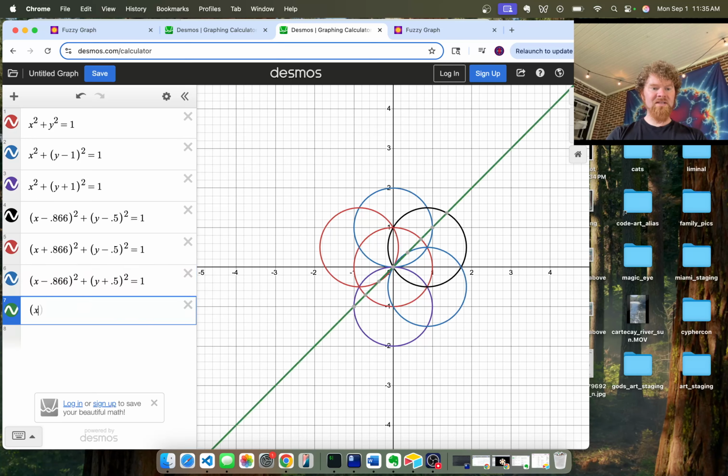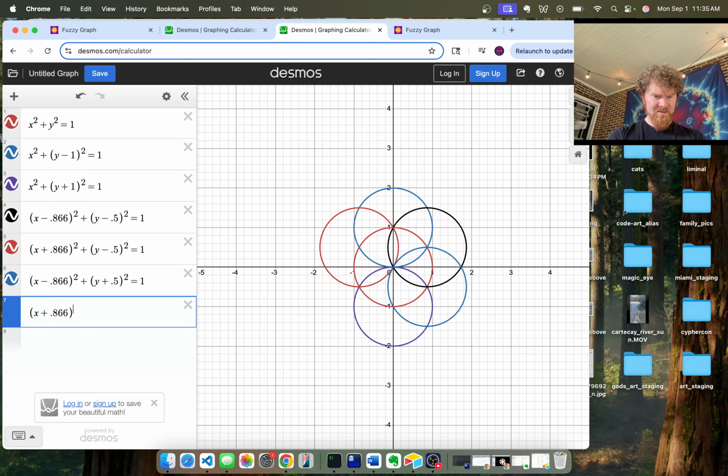And the last one is x plus 0.866 squared plus y plus 0.5 squared equals 1. Whoops, this should be a plus. There we go. This is how you can draw the seed of life, and it's basically just 7 circle equations, very simple.